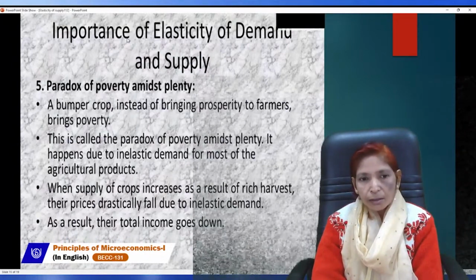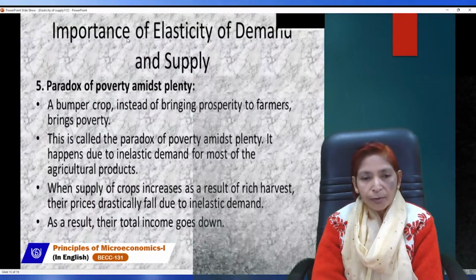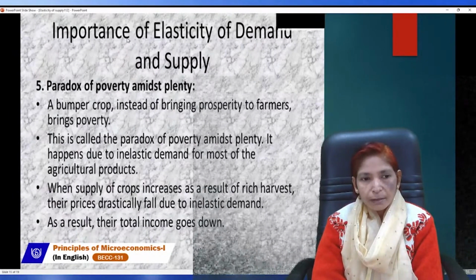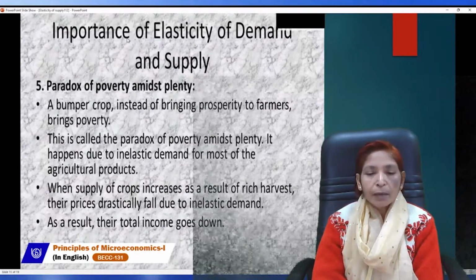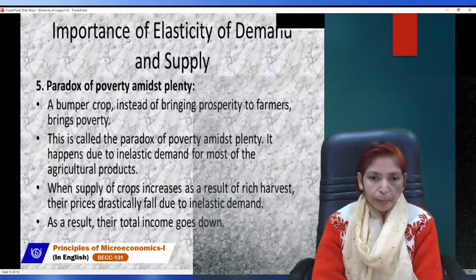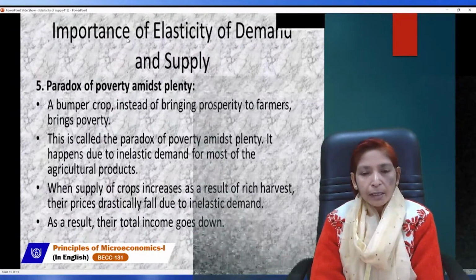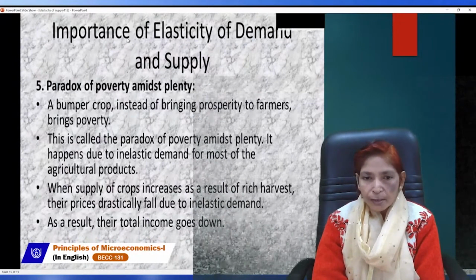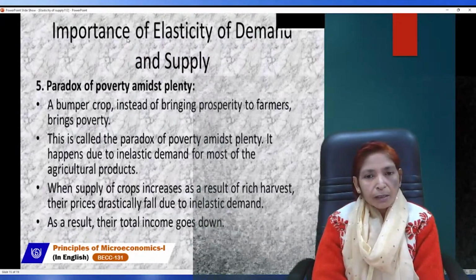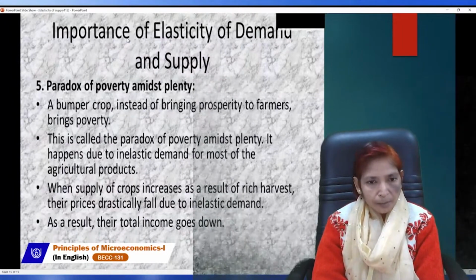This is called the paradox of poverty amidst plenty. It happens due to inelastic demand for most agricultural products, because our demand for agricultural products always remains inelastic. Inelastic means our demand will not change.